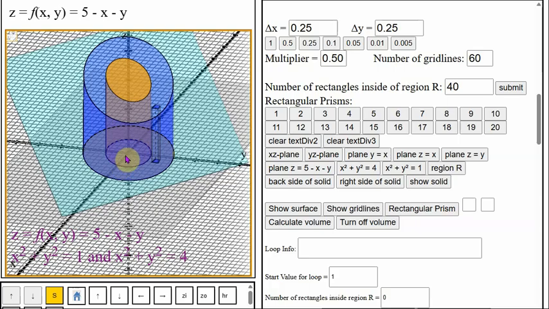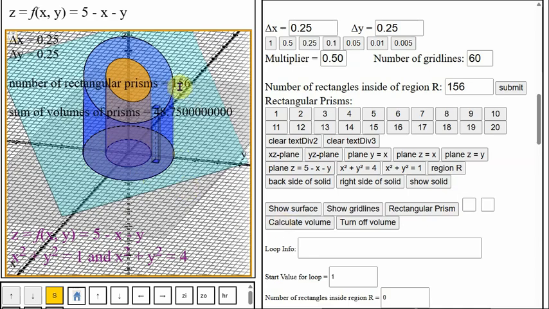And therefore each rectangle, the length is 0.25, the width is also 0.25. And this is what a typical rectangular prism looks like. And now let's find the volumes of all the rectangular prisms that are inside of region R.